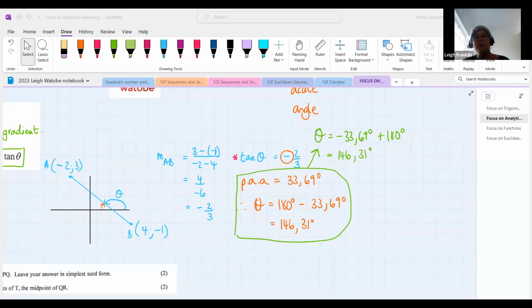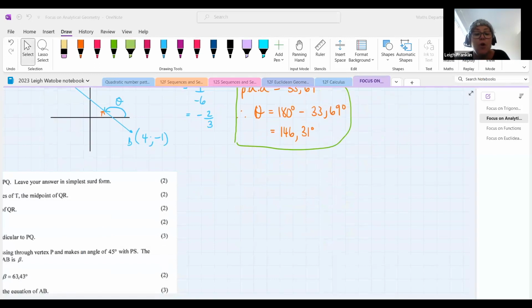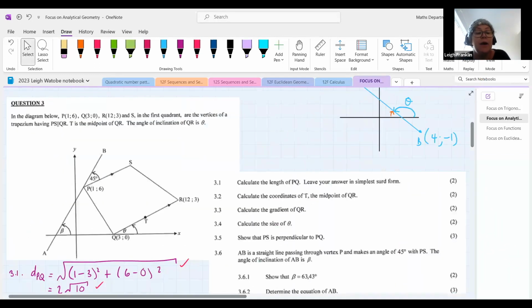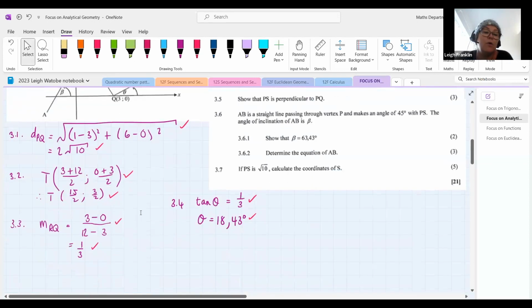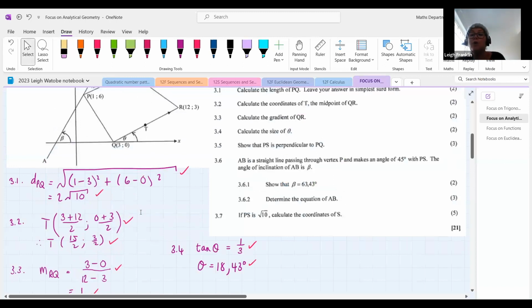We're doing what we're doing here in the orange or in the green because the gradient is negative. So that's just something else to be aware of when you are calculating the angle of inclination and the gradient is negative.